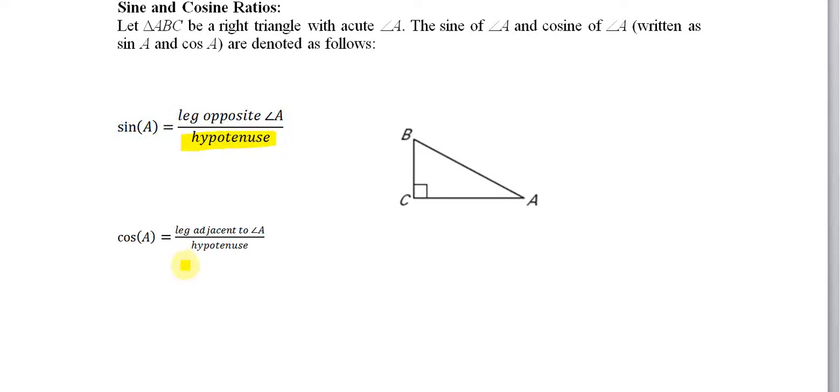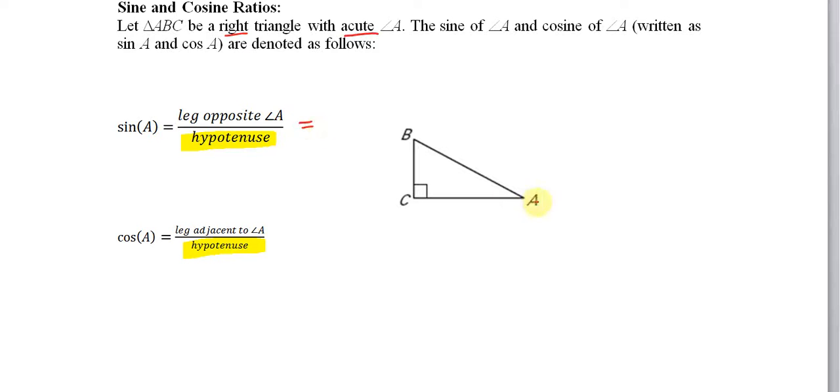Okay, so I've typed up the definition here. There are some conditions: the triangle ABC has to be a right triangle, and we have to be talking about acute angles. The sine of angle A and the cosine of angle A are written as sin A and cos A, and this is their definition. Sine of angle A is the leg opposite that angle. So let's use this picture here.